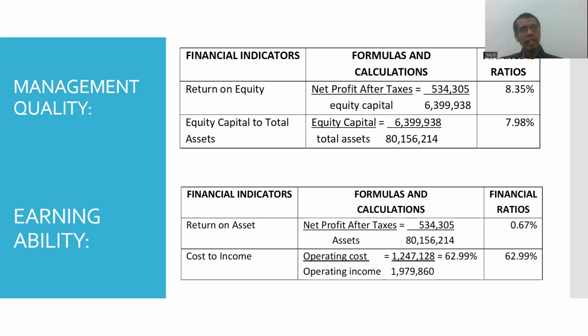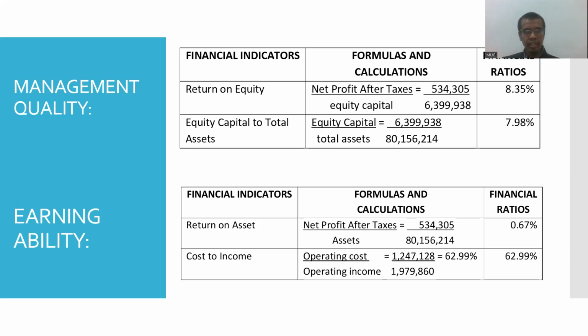Okay, looking at these ratios, I believe Bank Islam Malaysia Berhad's performance is unsatisfactory, quite poor, because the return on asset is very low.